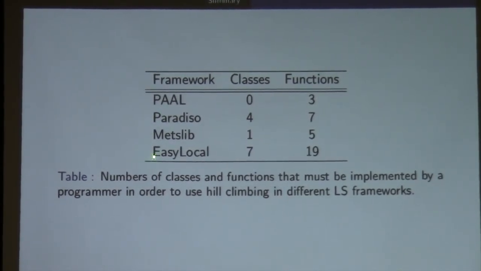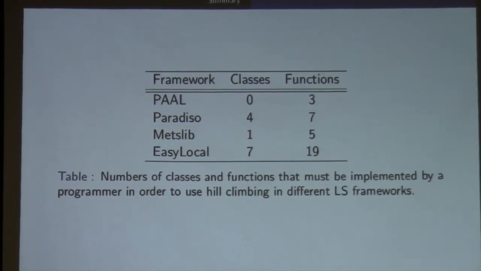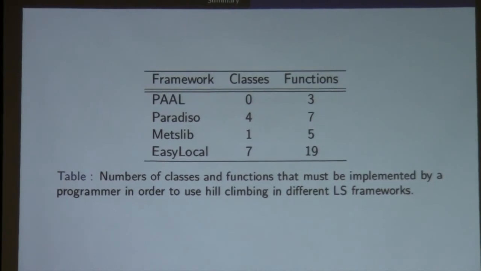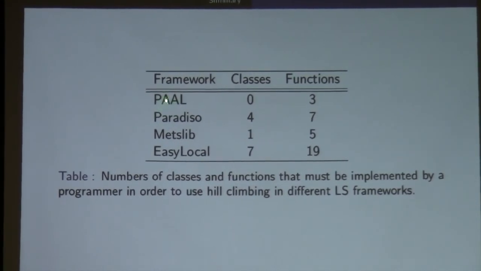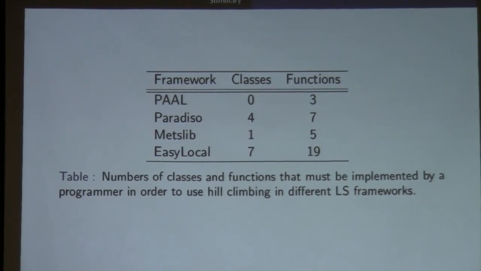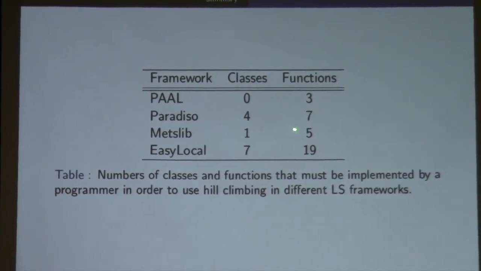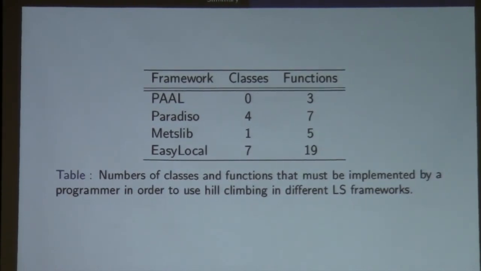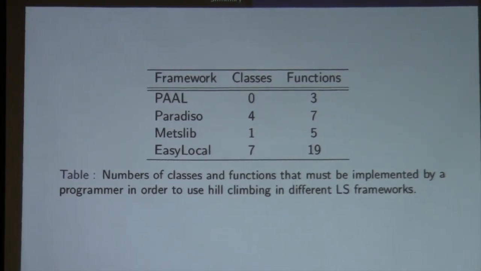Let's just focus on easy local: you have to write 7 classes and 19 member functions for this hill climbing. Of course this is maybe not the best measure, because in our library you just have to use this components class, which is maybe not very standard, so it's harder to understand. And in Mathlib you just have to write only 1 class and 5 member functions. But still we think that our design is very reasonable.